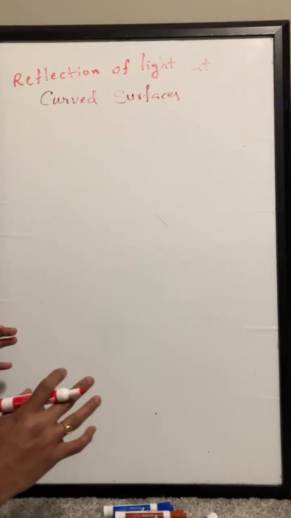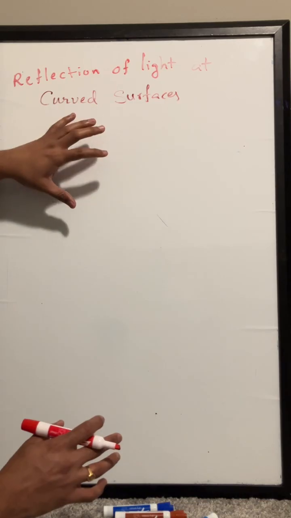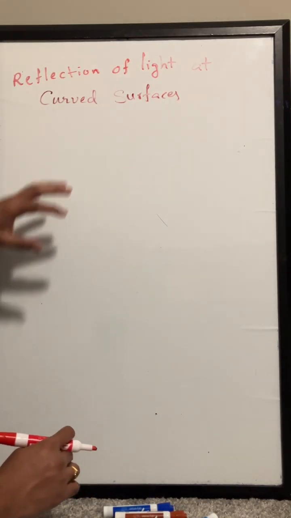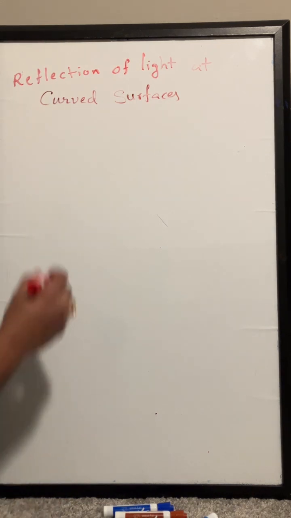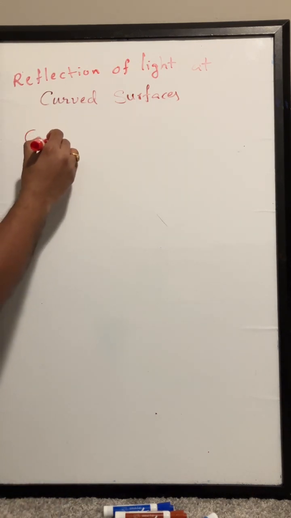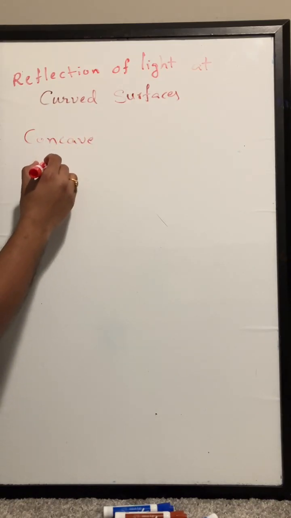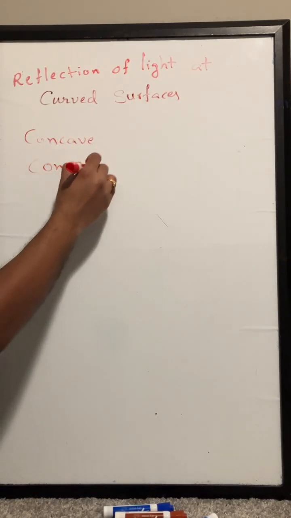The syllabus is only introducing you to this light concept, so it won't focus on many different shapes. It introduces only concave and convex, only two types of things.